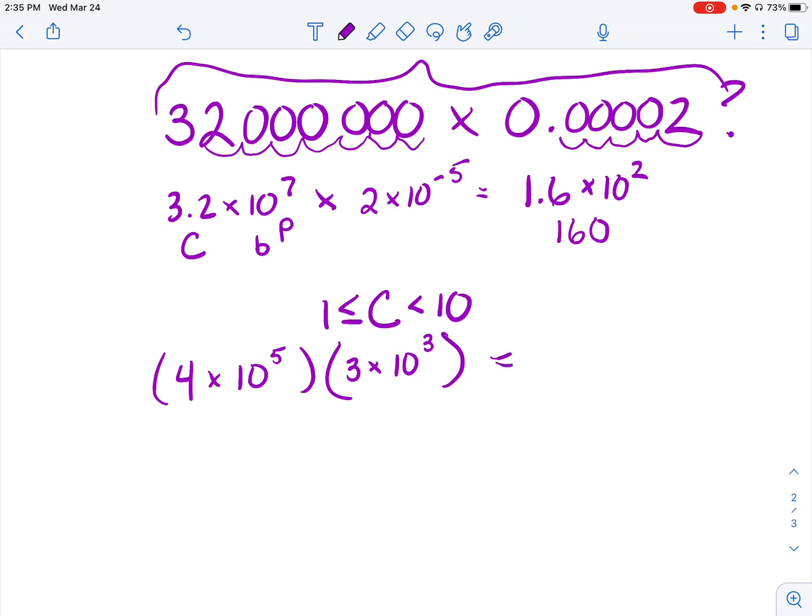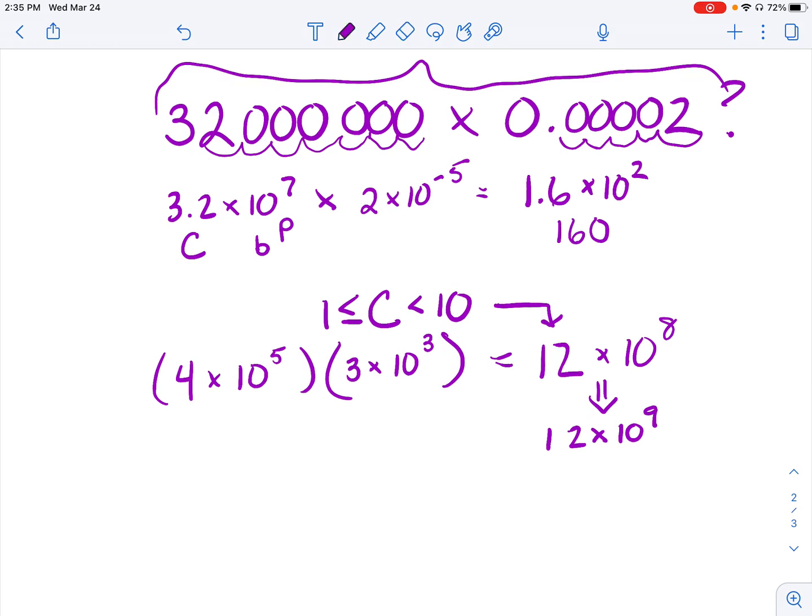So if I do the product rule, 4 times 3 is 12, 5 plus 3 is 8, 12 times 10 to the 8th, but 12 violates that rule. So I have to move the decimal one more place, and that becomes 1.2 times 10 to the 9th. So I have to add that one more shift of the decimal that wasn't there before.